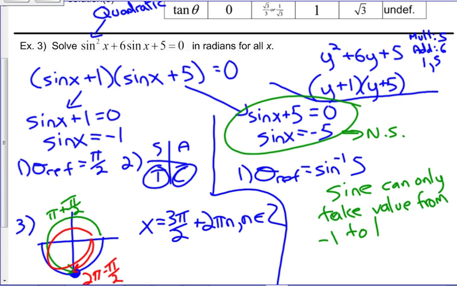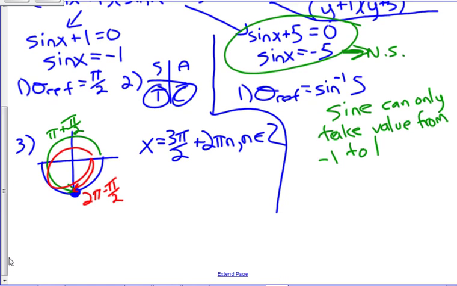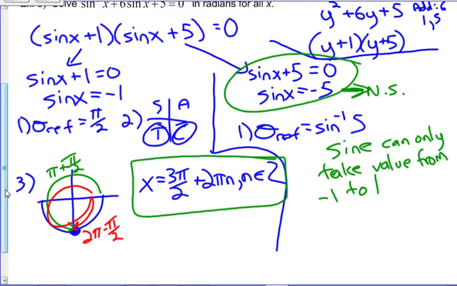There are no solutions that come from it. Our only solution that actually worked was this. So anytime you find a sine value that exceeds 1 or is less than negative 1, you'll have no solution. Same thing with cosine. Not the same thing with tangent, though. Tangent can be bigger than 1 or less than -1.